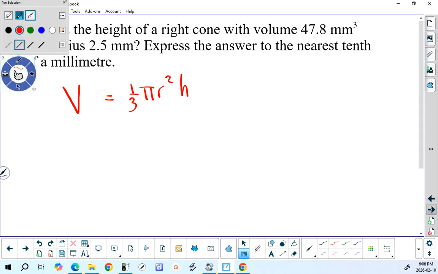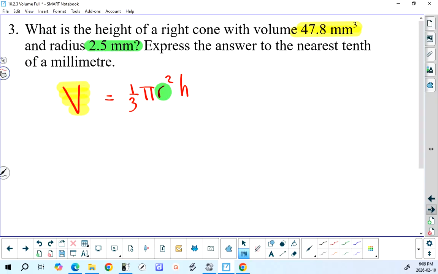The volume is given to us. It is 47.8. The radius is given to us. It is 2.5. H is unknown. So we're going to put the numbers in. 47.8 equals 1/3 times pi times 2.5 squared times h.